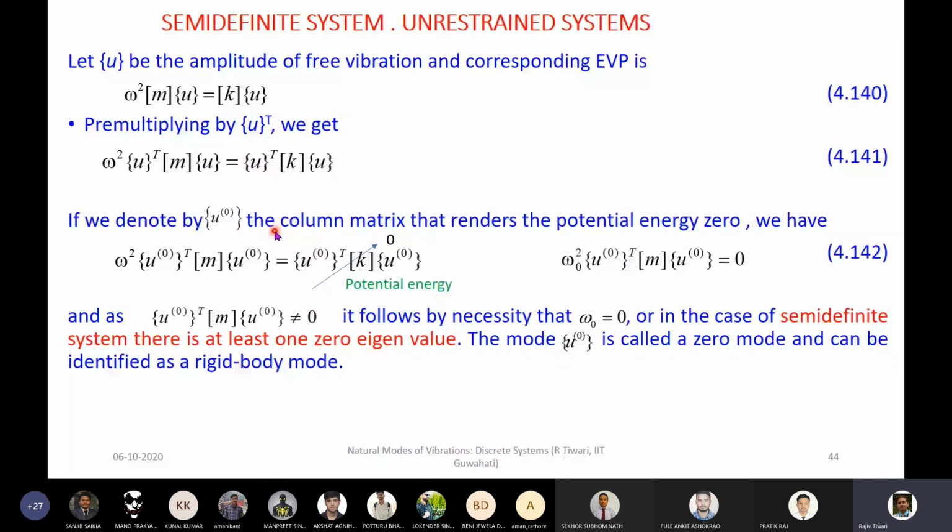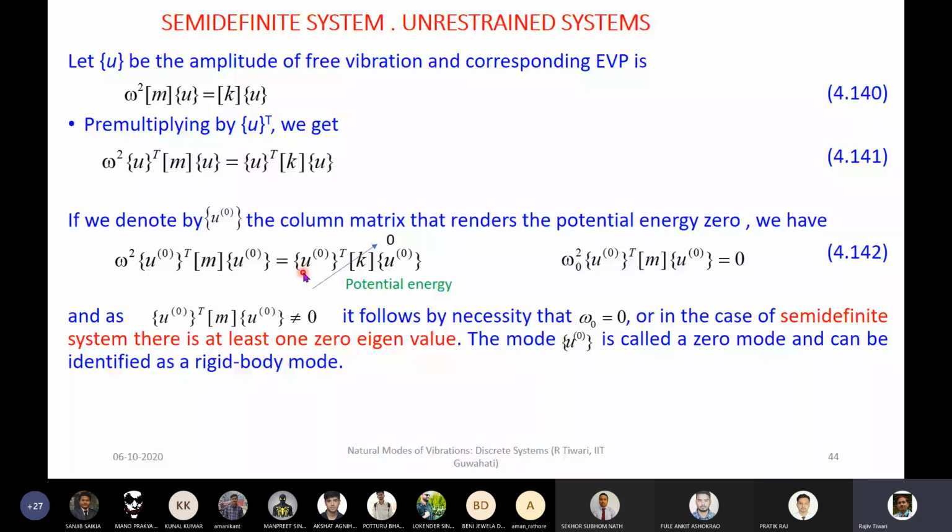If we put this here, every U I am replacing by U naught. Now what is this quantity? If I add half here, this will be nothing but the potential energy corresponding to this displacement.